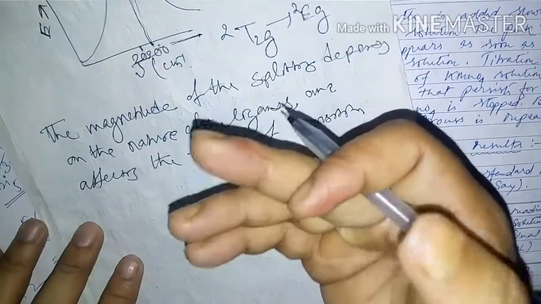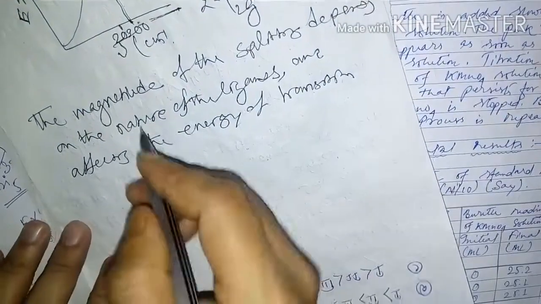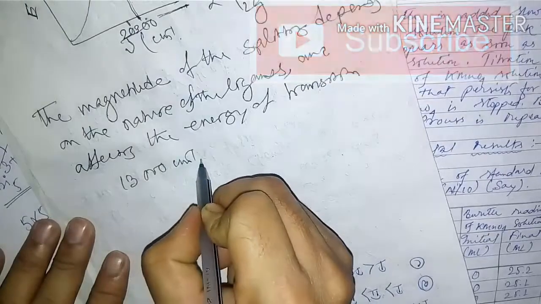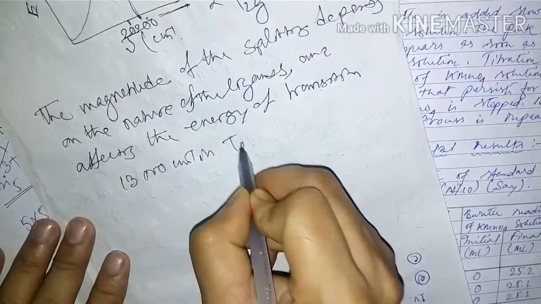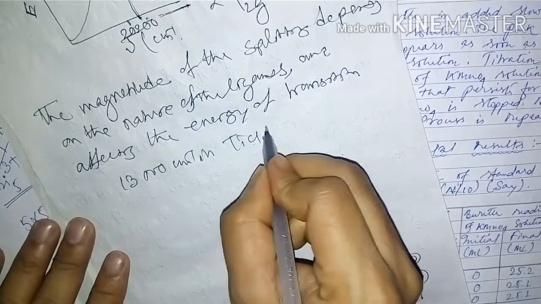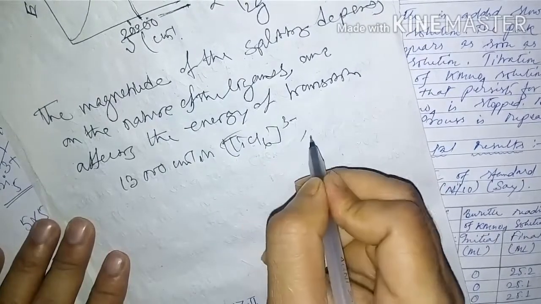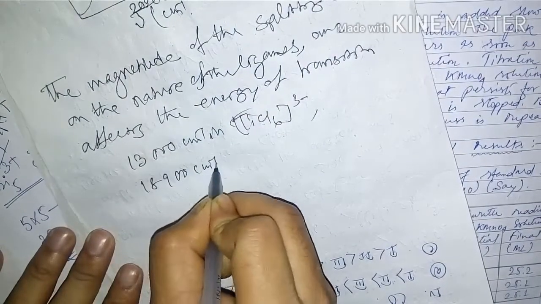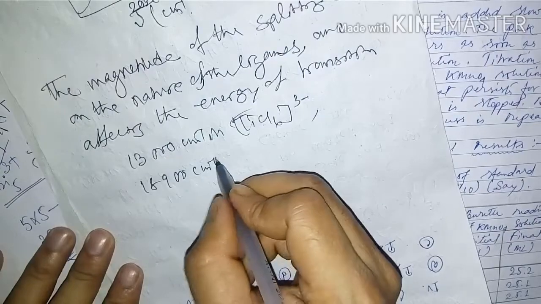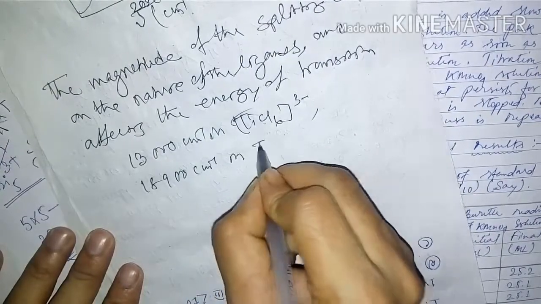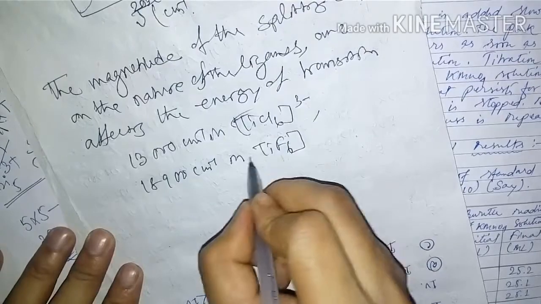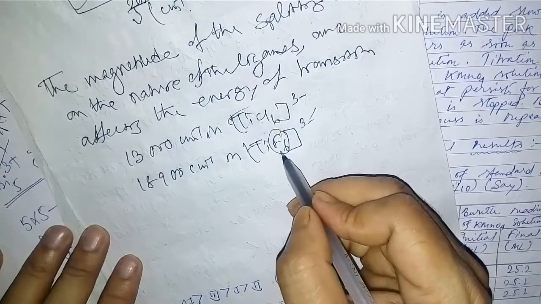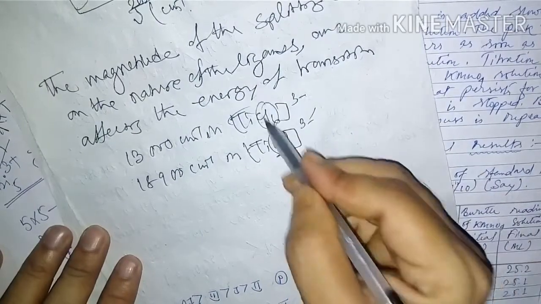Thus the peak occurs at different positions: 13,000 centimeter inverse for [TiCl6]3 minus, and 18,900 centimeter inverse for [TiF6]3 minus. Both are weak ligands.